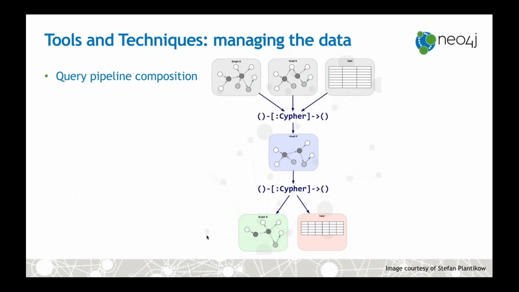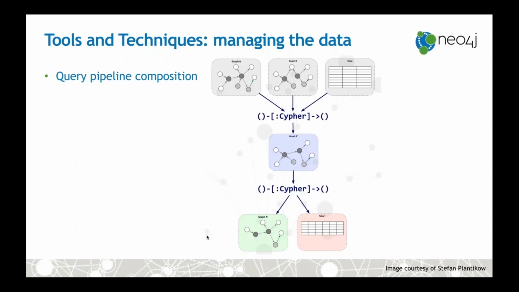What it does is return a brand new graph called graph B prime, and maybe this is a subgraph out of A and B integrated together in some way driven by the table. That then gets fed into the second Cypher query, and using that, it returns yet another graph, graph A prime, as well as another table.